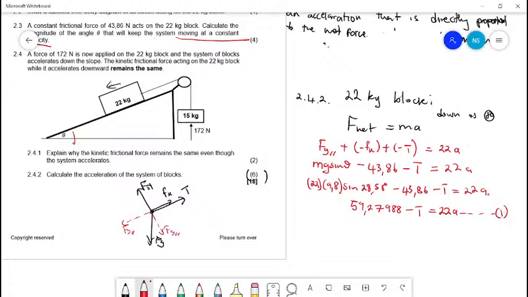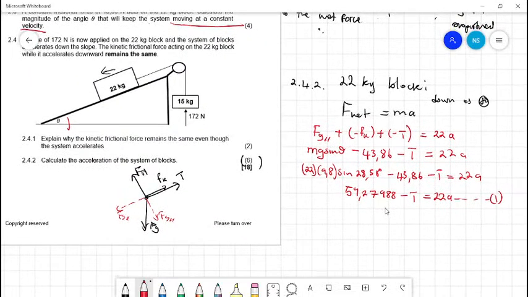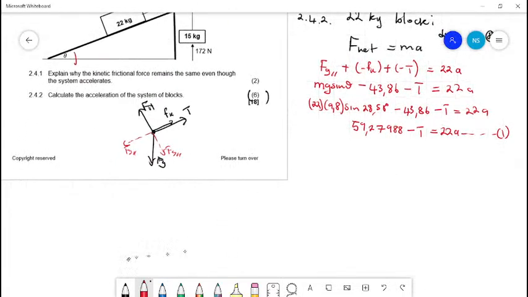So that's the procedure. Always write your FNet for the two blocks, and then you get your two equations, and after getting your two equations, you can solve that simultaneously. So now we're going for the 15 kg block. For the 15 kg block, we have a free body diagram, obviously.